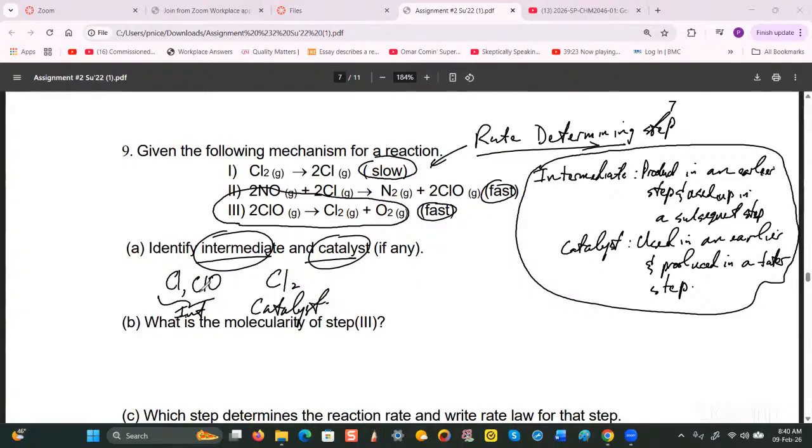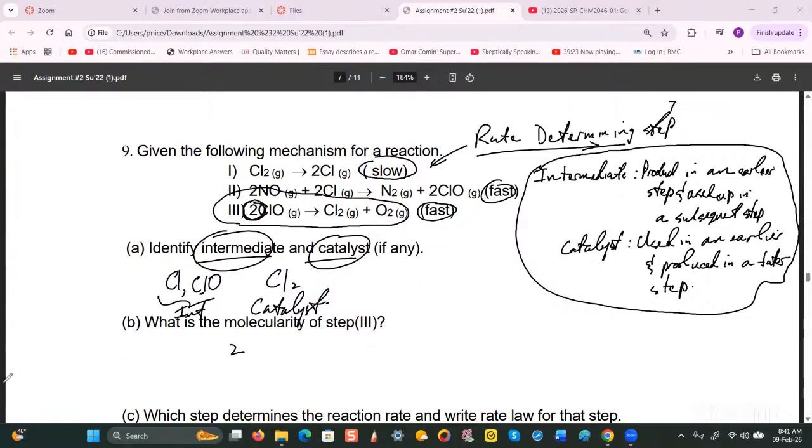You sure about that? Hint, hint. 2. Exactly. There are two molecules of that. It's the same molecule, but it's two of them. So therefore the molecularity is 2.